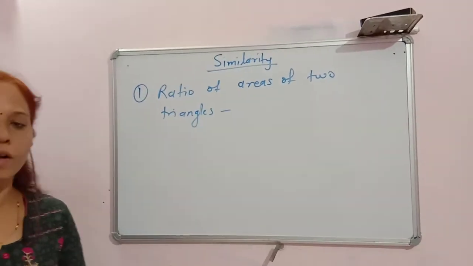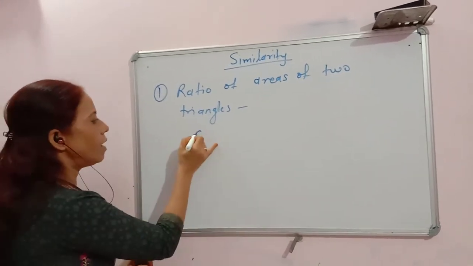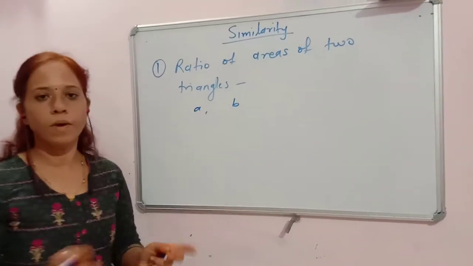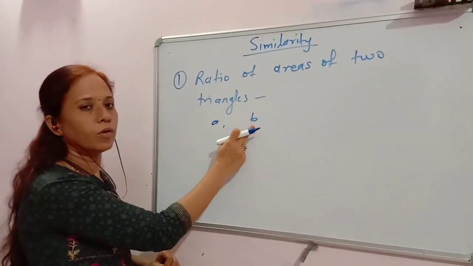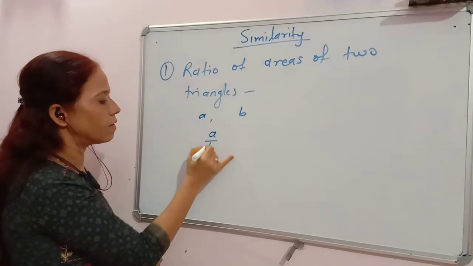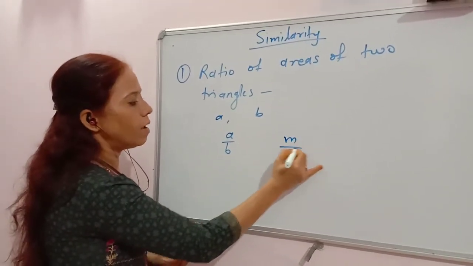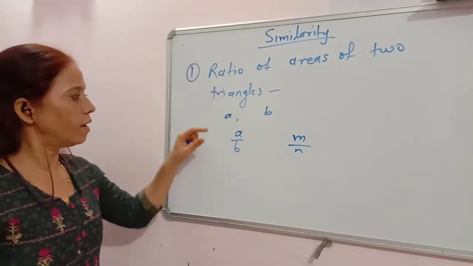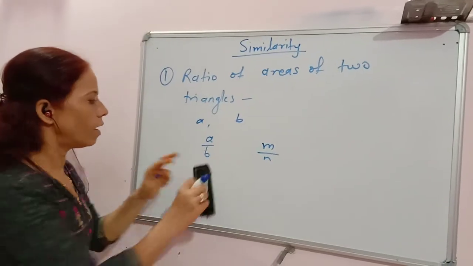Now, when we say the ratio of two numbers, for example, A and B are two numbers, their ratio we write as the ratio of the first number to the second, A upon B. If their simplest form is m upon n, then we say that the numbers A and B are in the ratio m upon n.